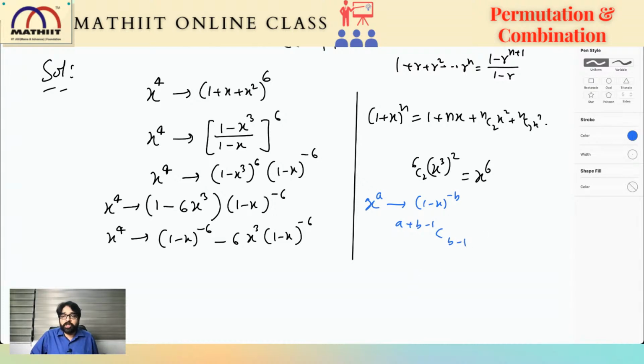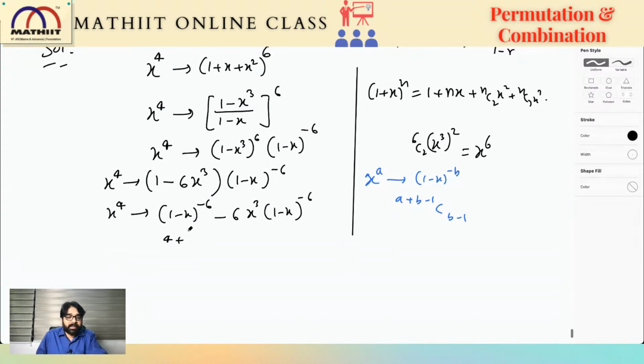So using this logic, for the x power 4 coefficient I want, 4 plus 6 minus 1 C 6 minus 1, minus 6 into, watch it, x cube is already there, so this has to give only x power 1. So that will become 1 plus 6 minus 1 C 6 minus 1.